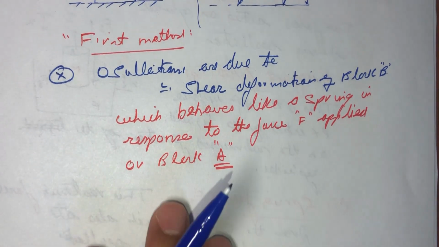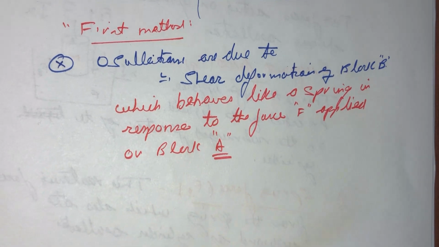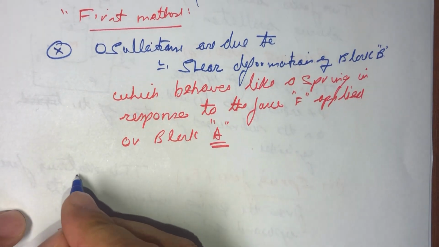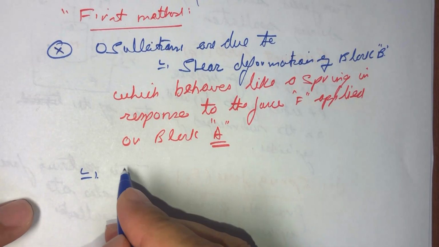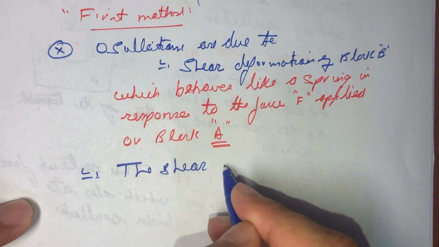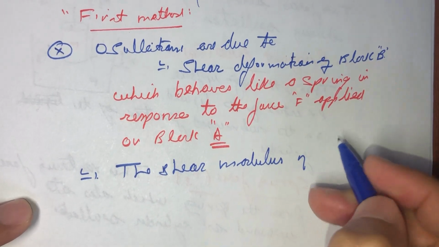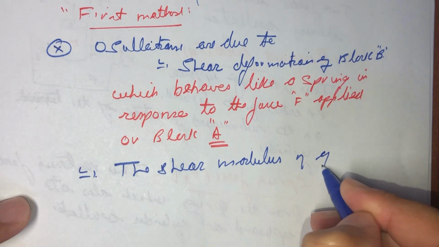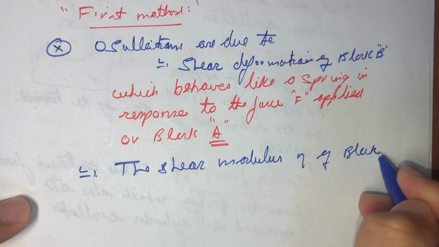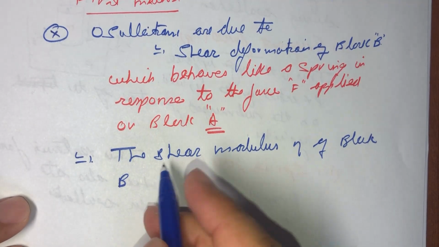Now the shear modulus of block B, which is given as nu, is going to determine the restoring force. The shear modulus nu of block B determines the restoring force.